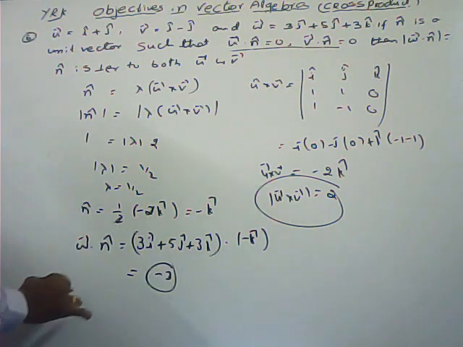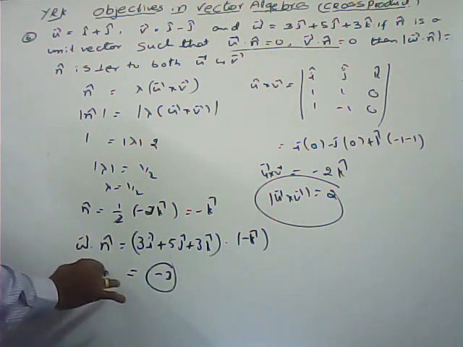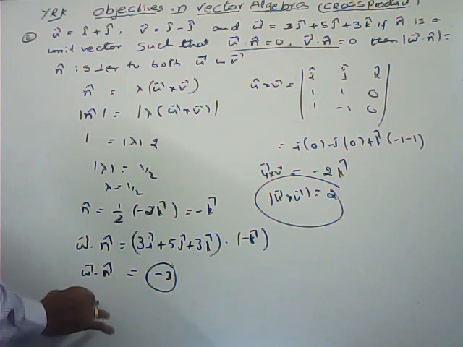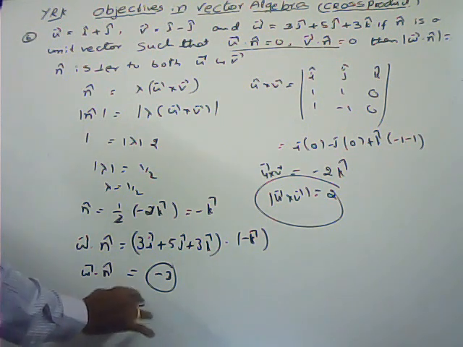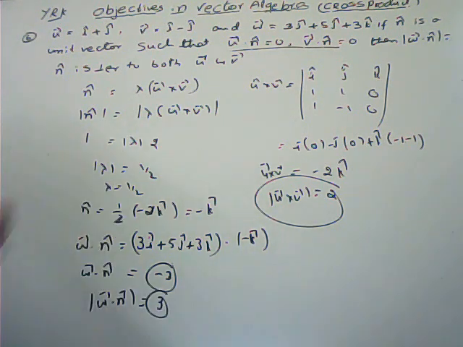The modulus of w bar dot n cap is 3. Taking either plus or minus, the modulus of w bar dot n cap is equal to 3 only. So here you can consider any value.